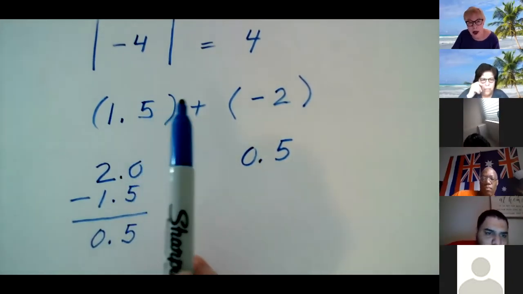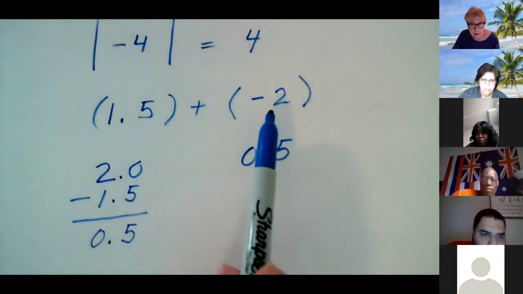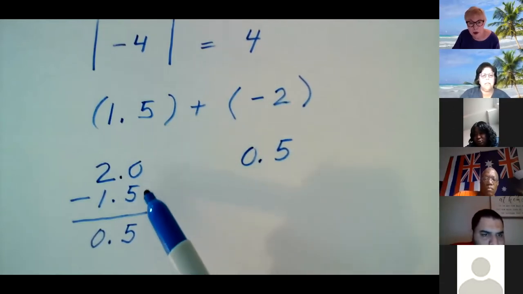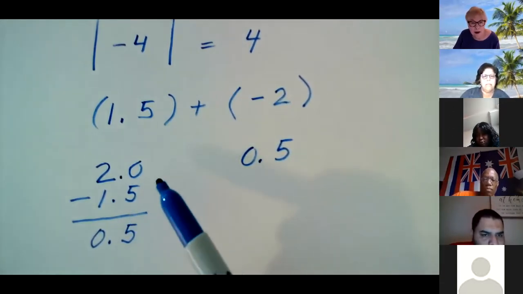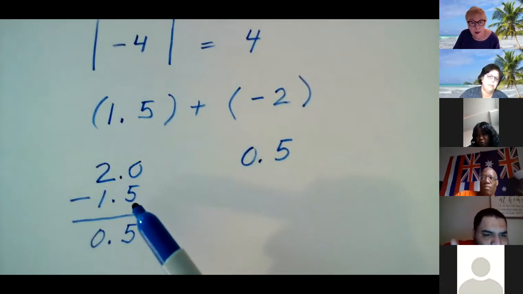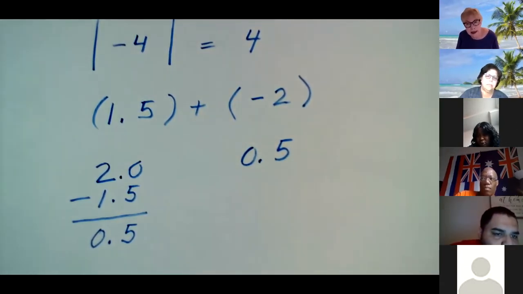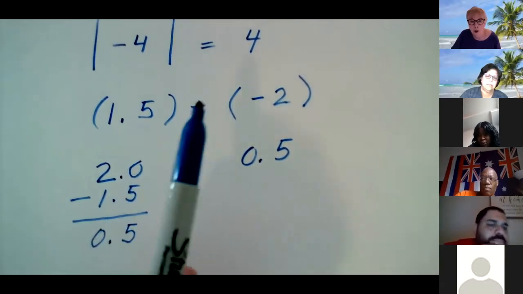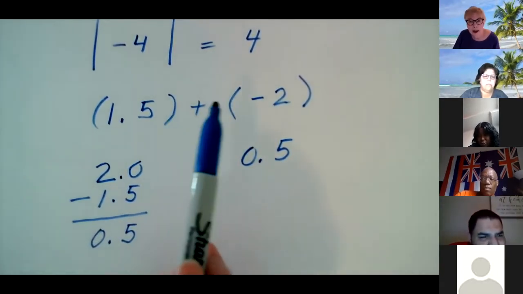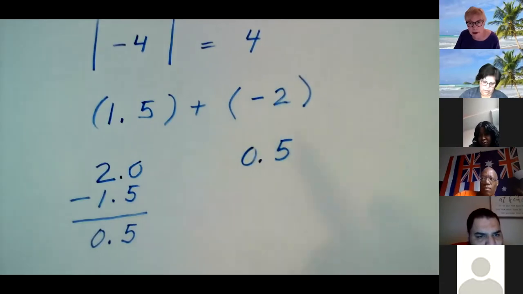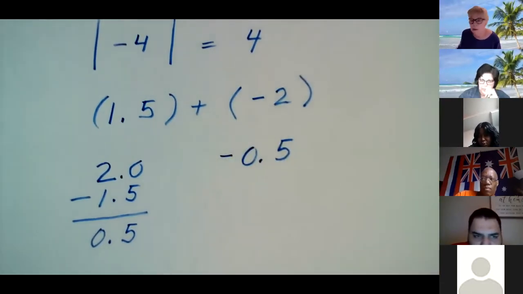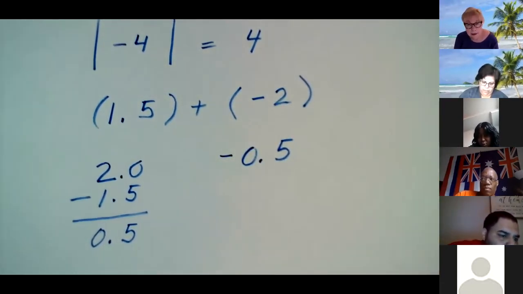One is because they were opposite signs, I ended up subtracting the absolute value. The 2 and the 1.5, I subtracted them and there it is. My second step is to decide which one is further, which one is the larger number, and it's this one. This means the answer is negative.